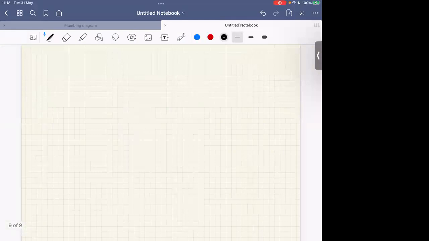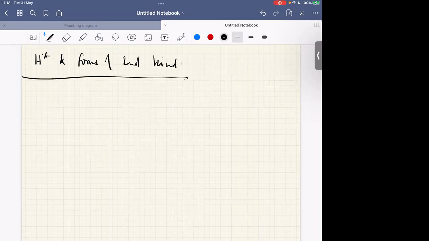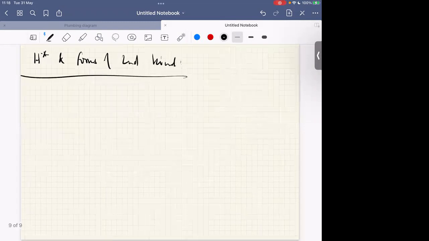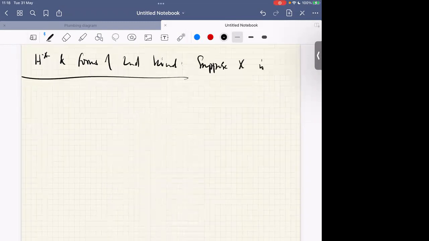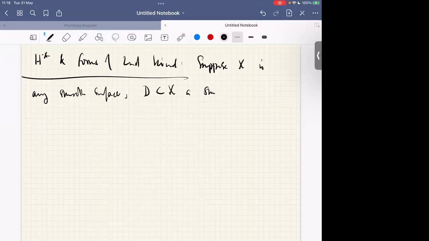So suppose X is any smooth surface, D in X is a smooth curve, and eta is a meromorphic two form on X with poles of some order along D. I'm going to assume that n is greater than or equal to 0.